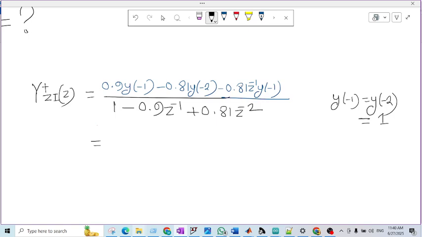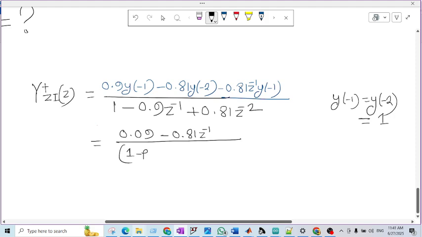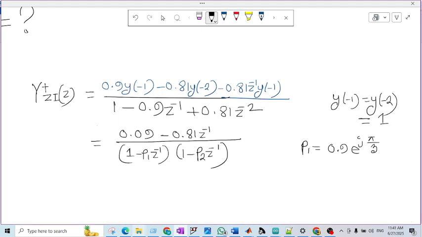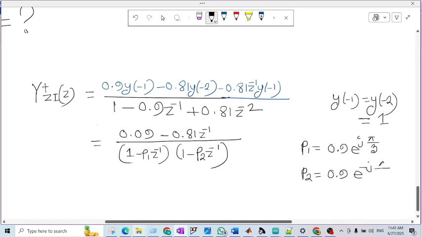So if I calculate it, I will get 0.09 plus 0.81 Z inverse 1, and at the denominator you can write 1 minus p1 z inverse 1, 1 minus p2 z inverse 1, where p1 is 0.9 e to the power j pi by 3, p2 is equal to 0.9 e to the power minus j pi by 3.